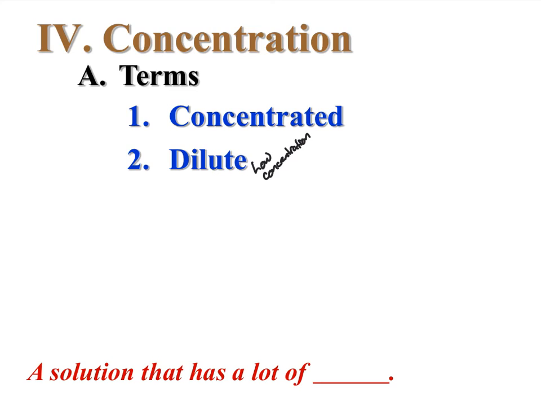So a dilute solution is something that's not so much. It has lots of solvent, right? I'm going to use an up arrow for solvent. Up for a lot. And in concentrate, it's up arrow what?